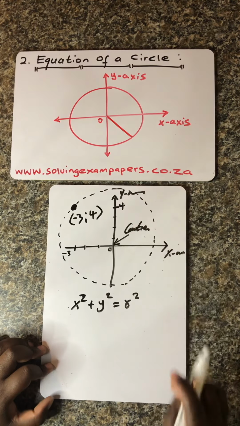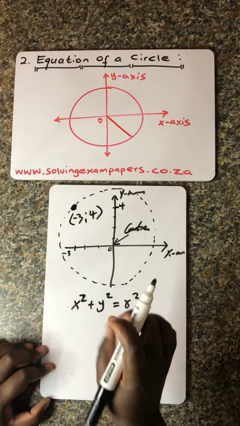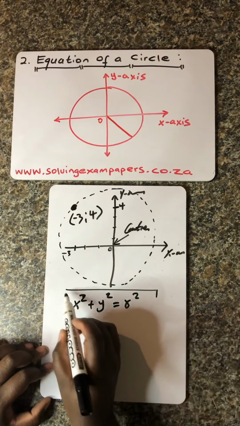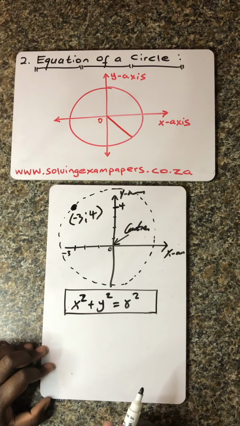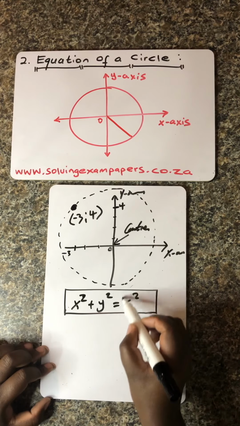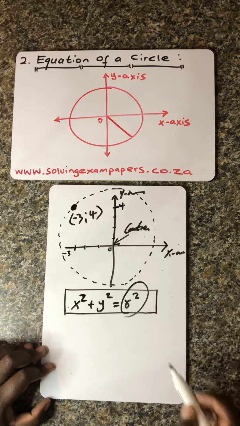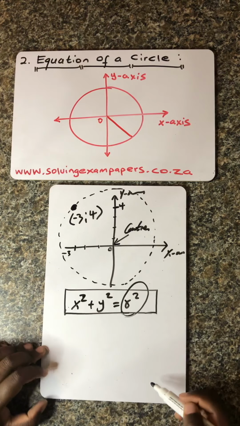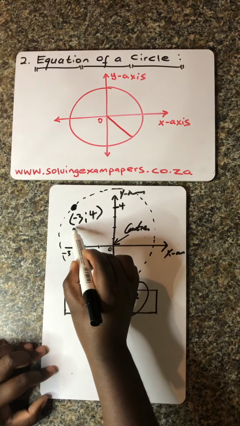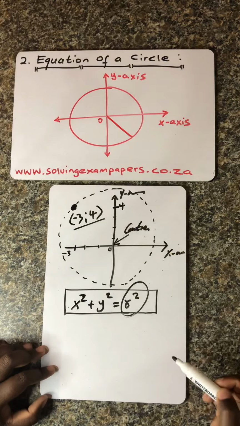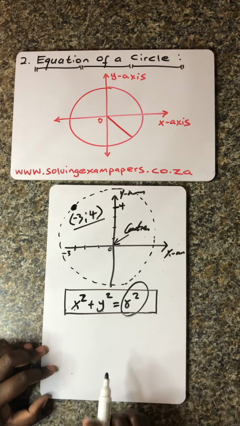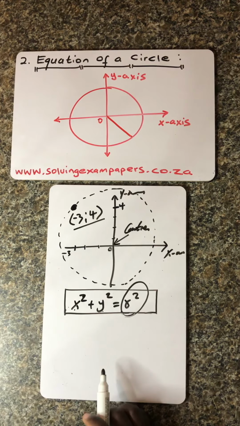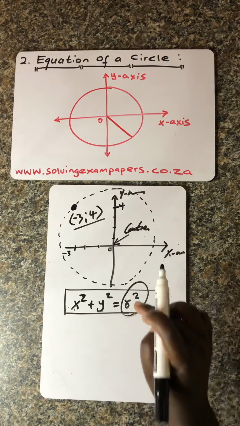Okay, so guys, when we write an equation of a circle, we are mostly interested in knowing the value of radius squared. As you can see, we've got the x and the y value, so you can just substitute it there, punch on a calculator, and whatever value you get represents r squared.